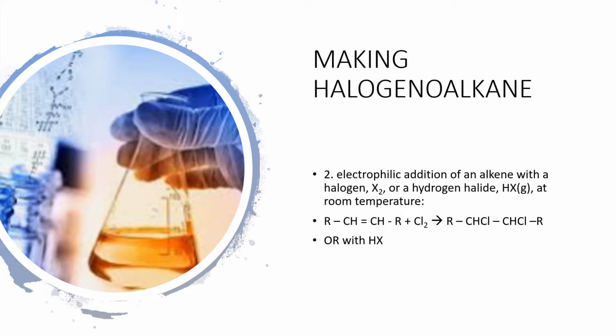The second way to make halogenoalkane is by electrophilic addition of an alkene with a halogen X2 or a hydrogen halide HX at room temperature. In this reaction, the double bond breaks and the Cl2 or X2 come into the C of the double bond.